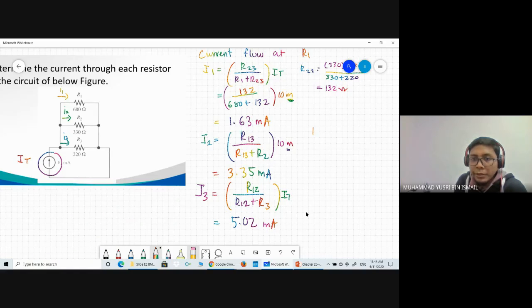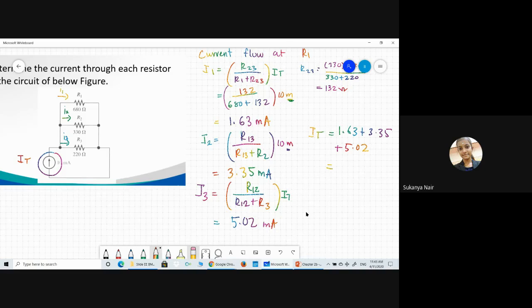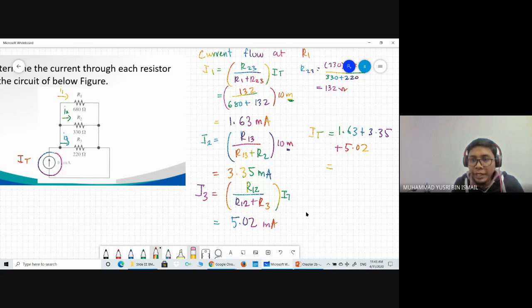Okay, so now I total equal to 1.63 plus 3.35 plus 5.02, equal to 1.63 plus 3.35 plus 10 milliampere. So basically 10 milliampere is equal to the current source. Okay, so basically your answer should be correct.